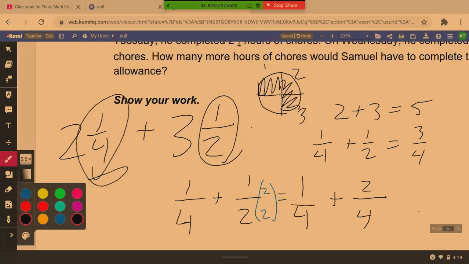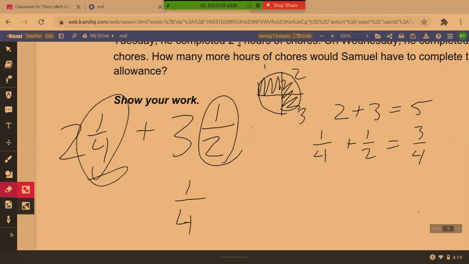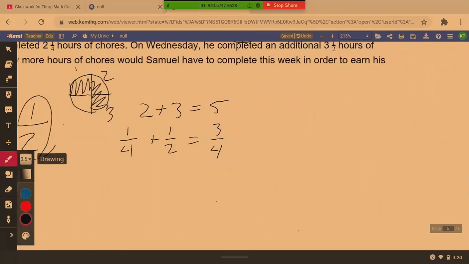So now 1/4 plus 2/4 equals 3/4. See, you should know I'm not going to lie to you. So 3/4. So far, Samuel has completed 5 and 3/4 hours.